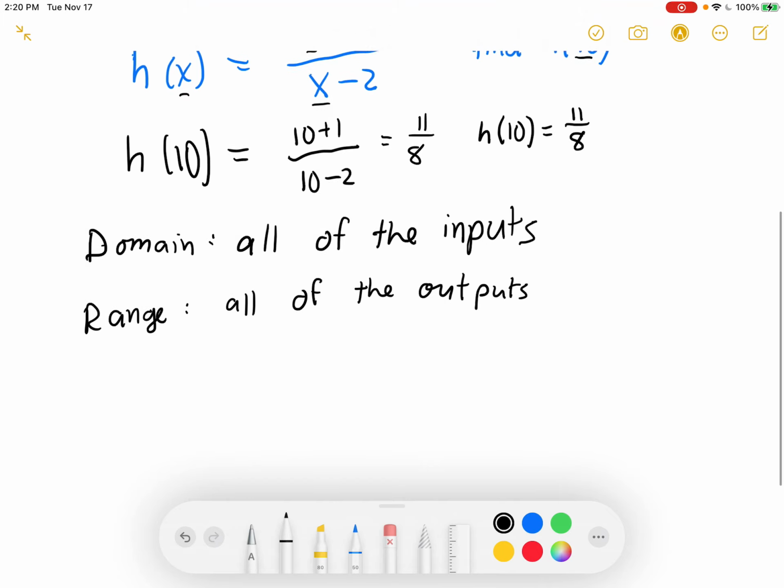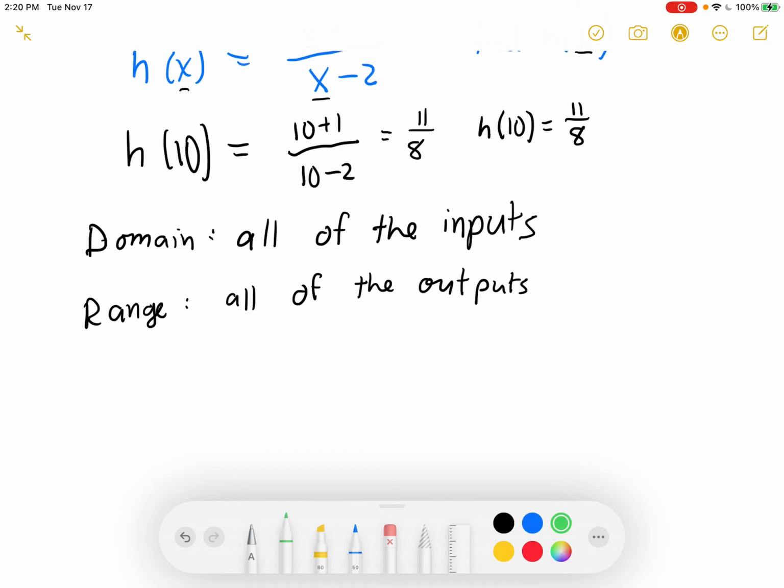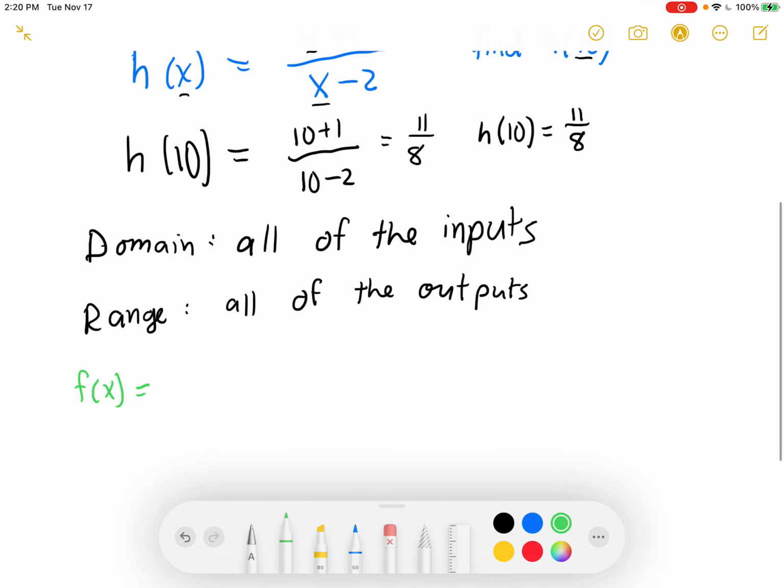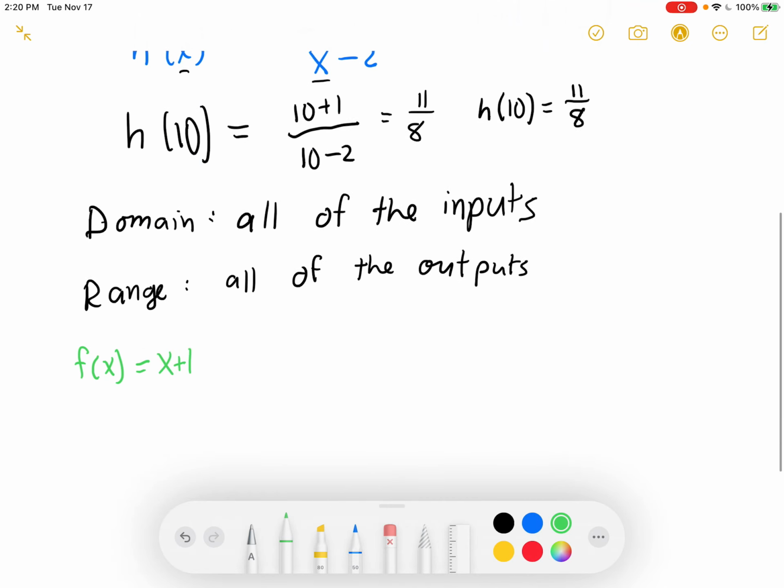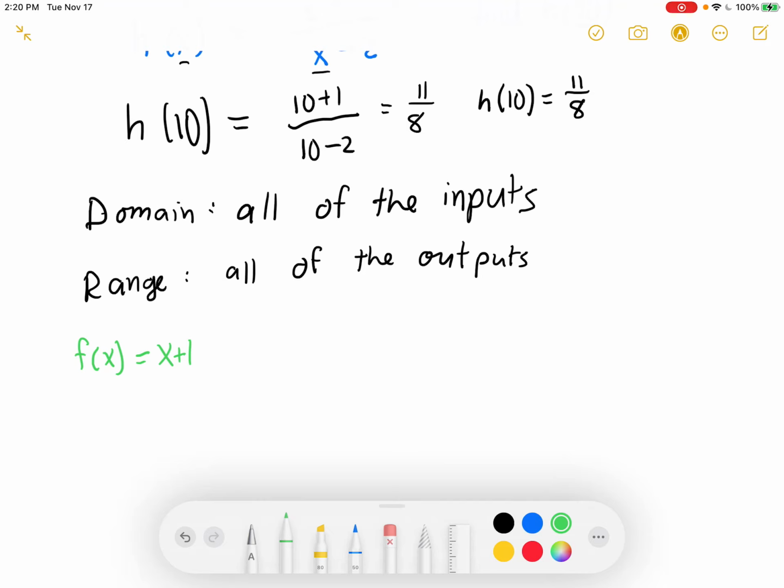For most functions, the domain is going to be all real numbers. For example, f of x is equal to x plus 1. The domain for this is going to be all real numbers because, honestly, you can plug in any number, add 1 to it, and get a different number, and that works just fine. So you can go ahead and write it like that.